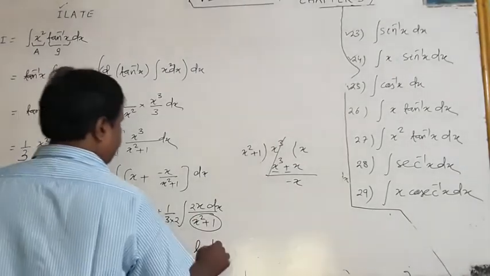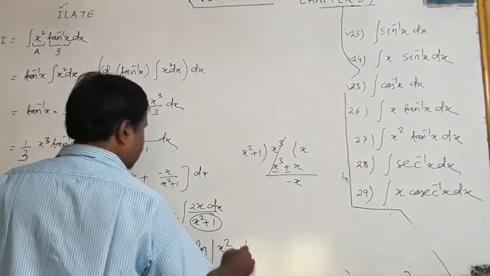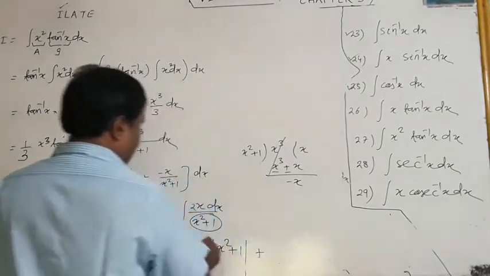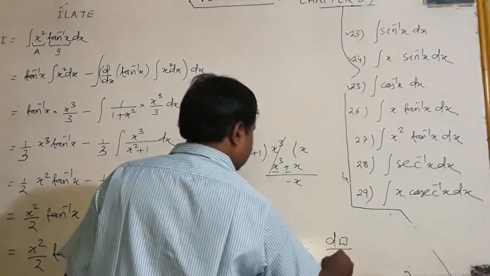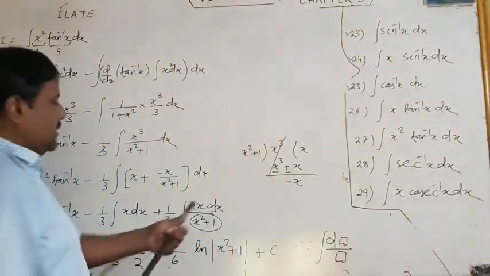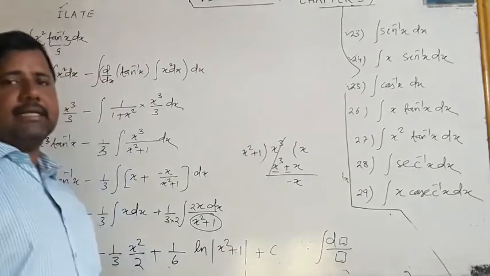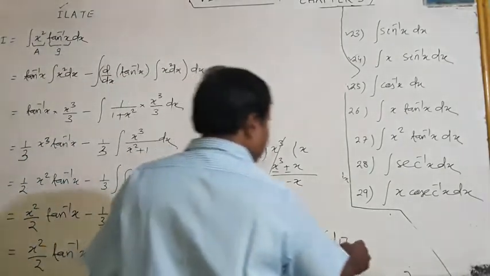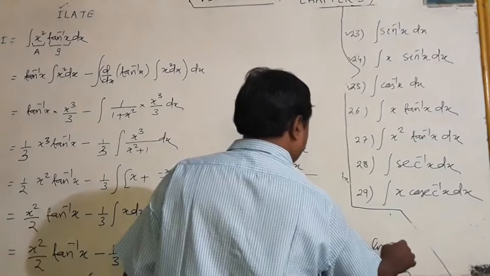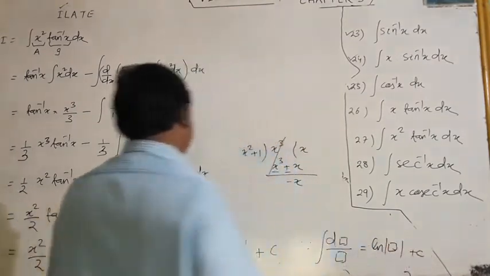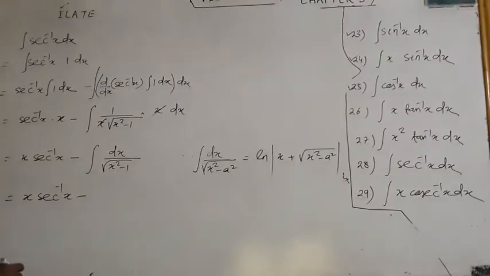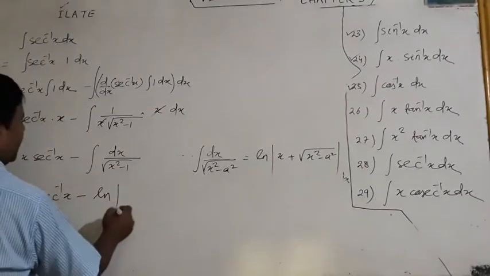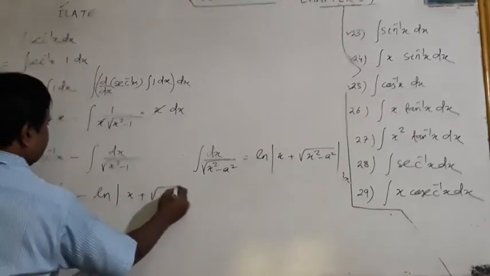If derivative of denominator is in the numerator, then the result is ln of denominator plus c. जितना denominator उसका डेरिवेटिव उतना रहना चाहिए. So its integration is ln box plus c. Now look at here. This is your solution of question number 27. It is ln of 1 plus x square.